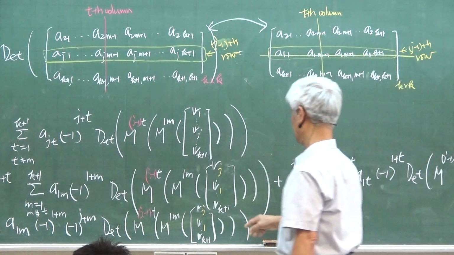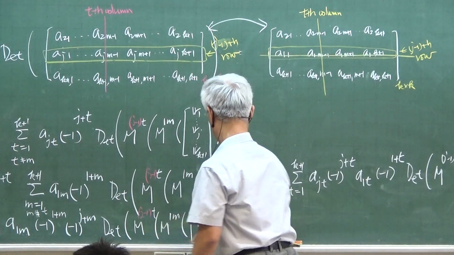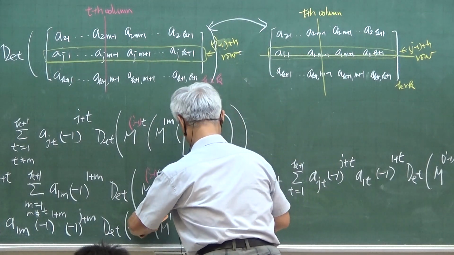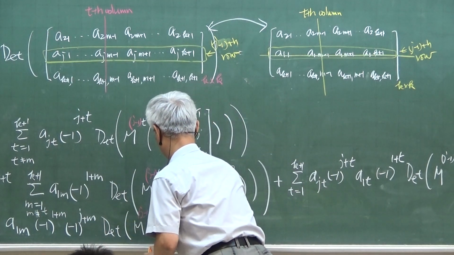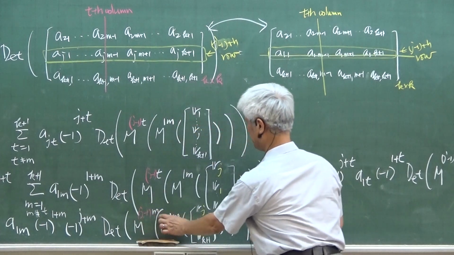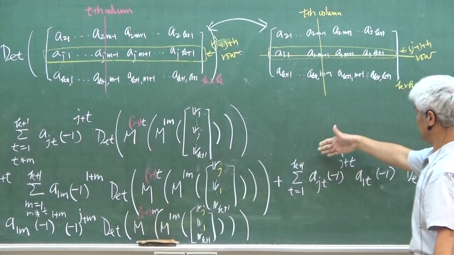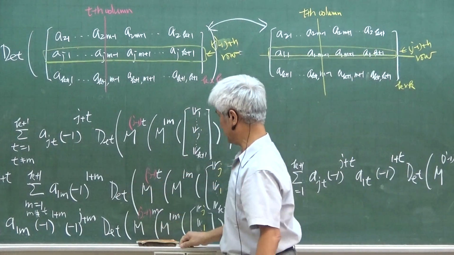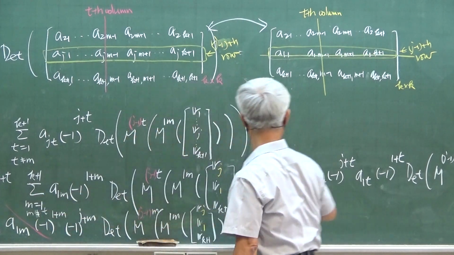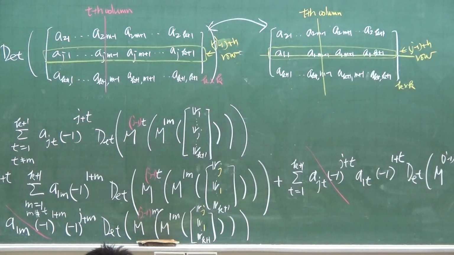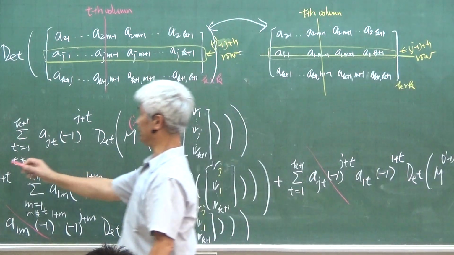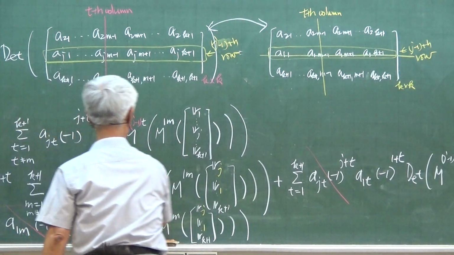T and here is m. Sorry, I forgot to put m here. The correction m. So that plus and the minus, we can cancel them. Right? Cancel them. And so finally we have this. Alright.